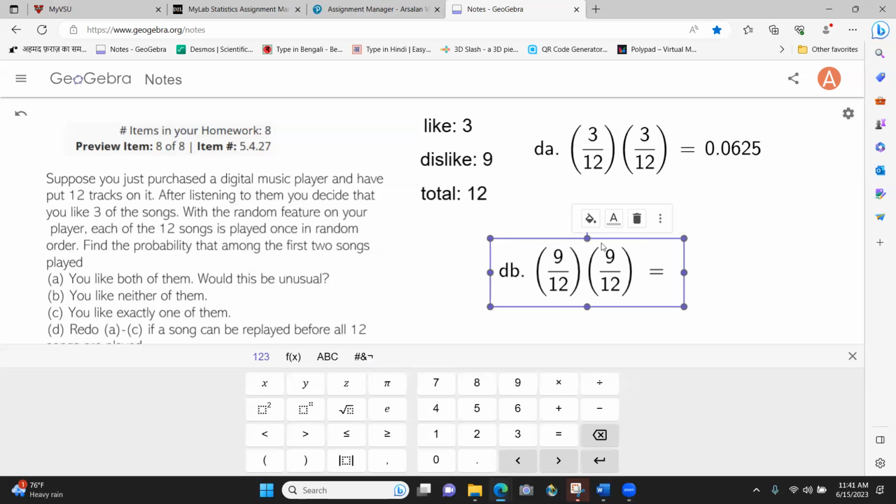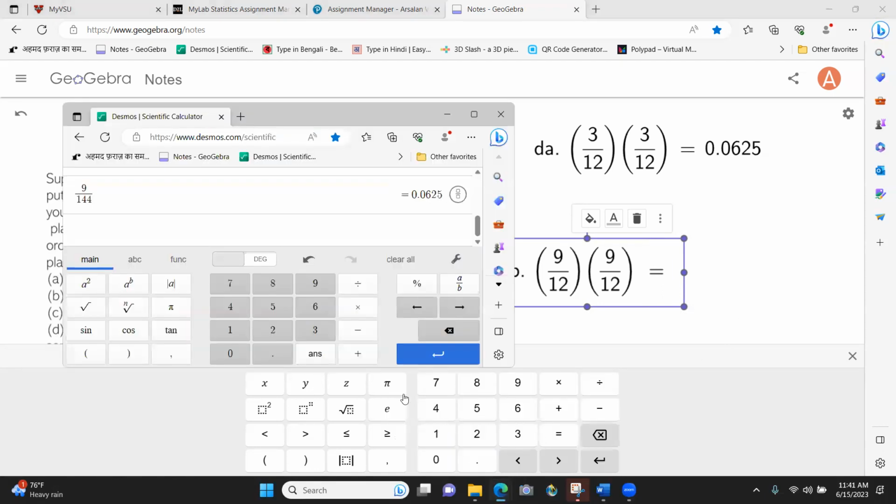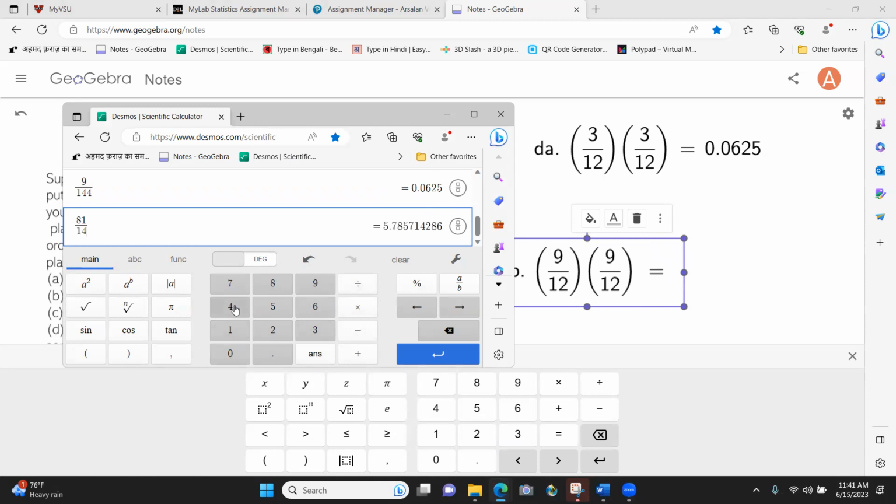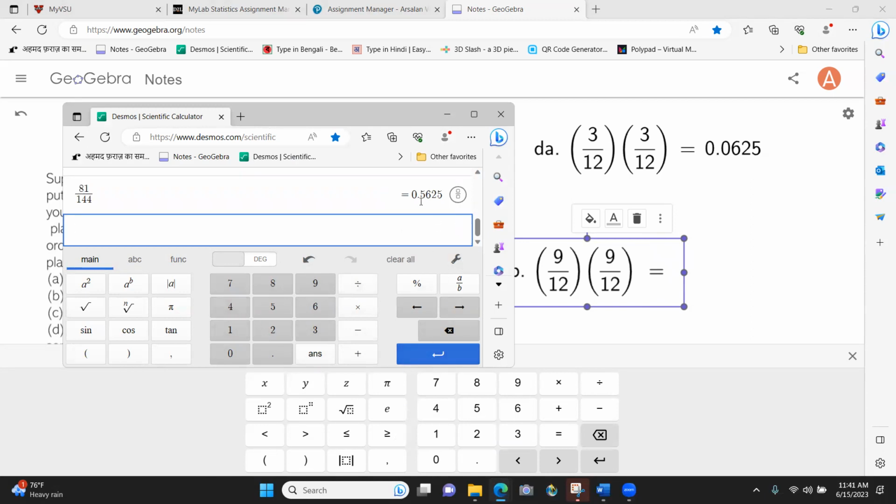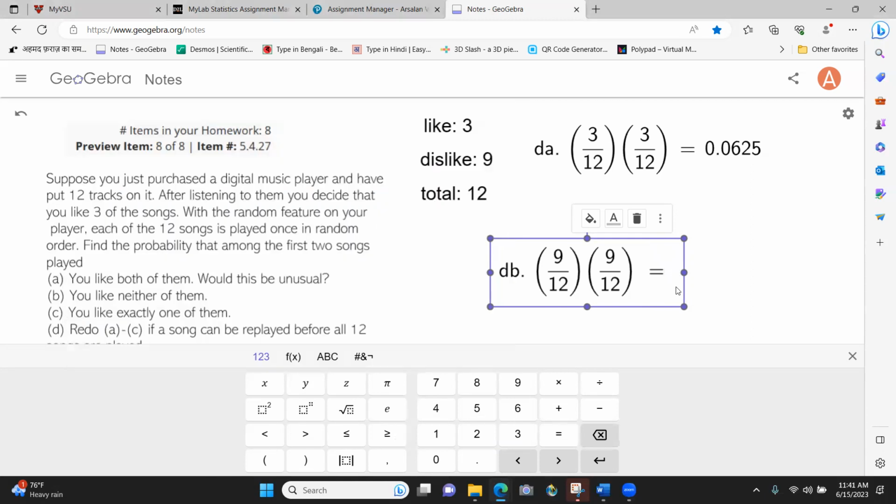We're going to find out in decimal. 9 squared is 81 and 12 squared is 144. I'm getting 0.5625. If they say round it to three decimal places, you're going to enter three. I'm just going to leave it like that.